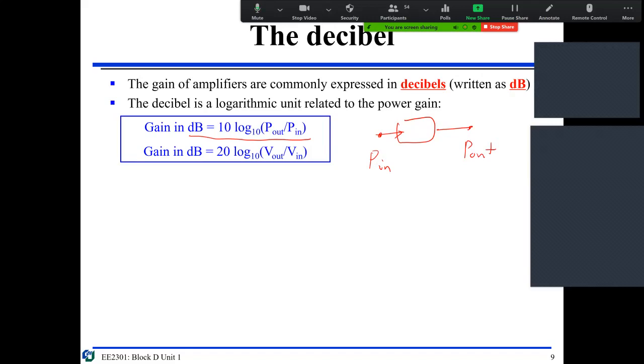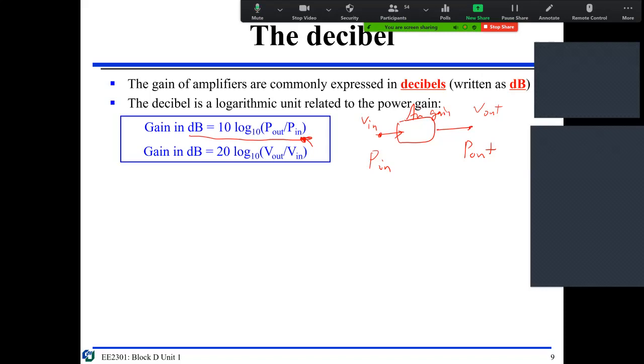This is a V in and this is a V out, okay. But we say that A sub V is gain. We didn't call it power gain. So this actually is a power gain: 10 log 10 of power gain, okay?